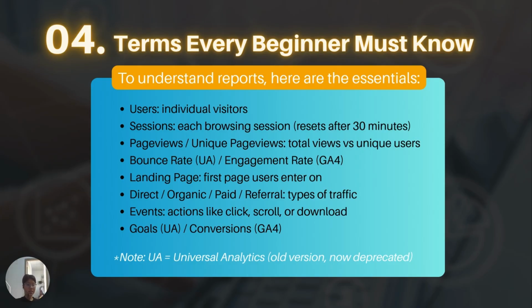The page views are the total views, versus the unique users. The bounce rate or the engagement rate. The landing page is the first page users enter on. Direct, organic, paid, or referral are the types of traffic, and the events are the actions like click, scroll, or download, and the goals are the conversions. The UA here is Universal Analytics, which is the old version and is now deprecated.